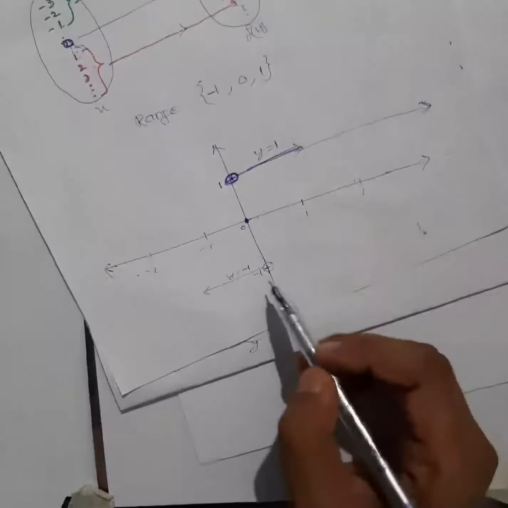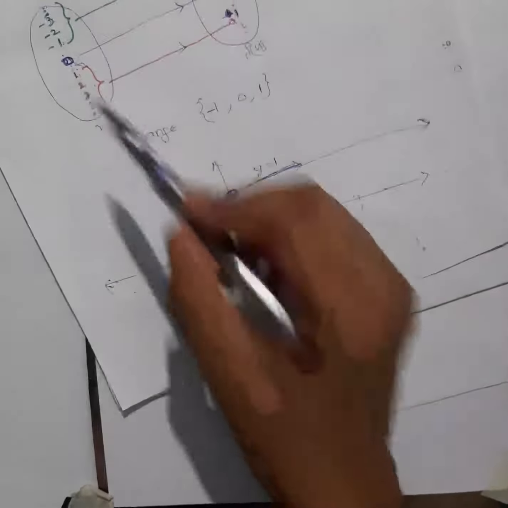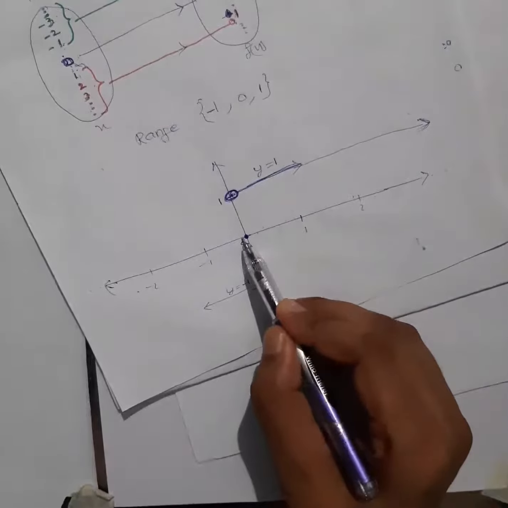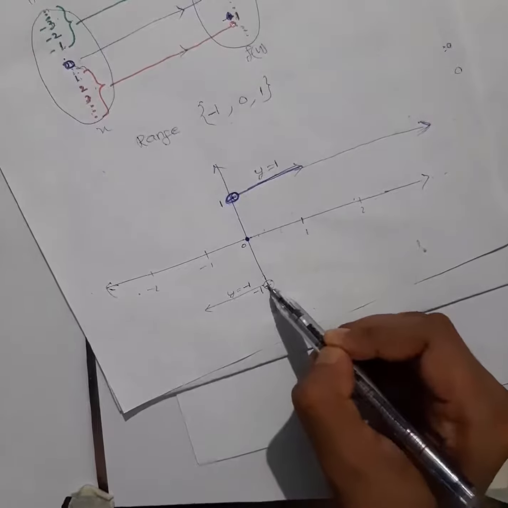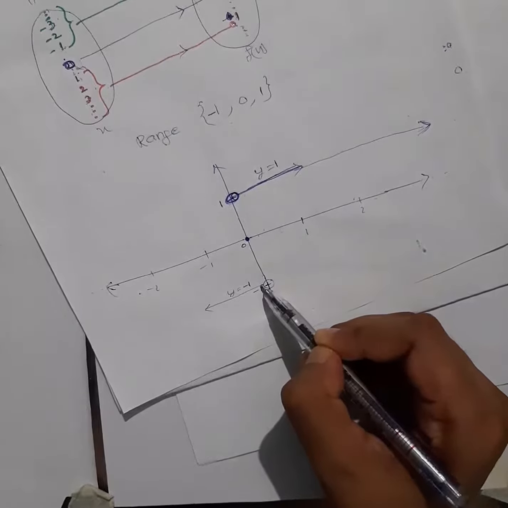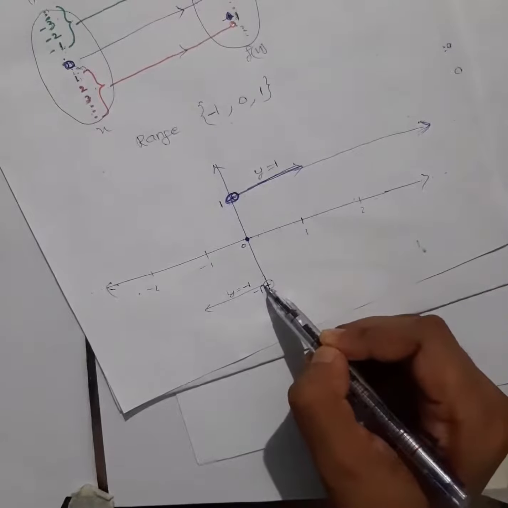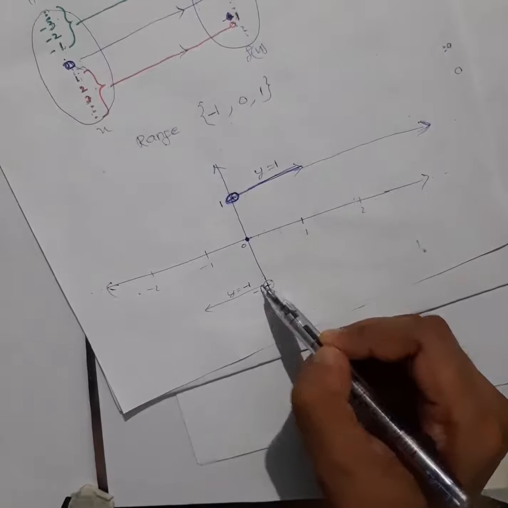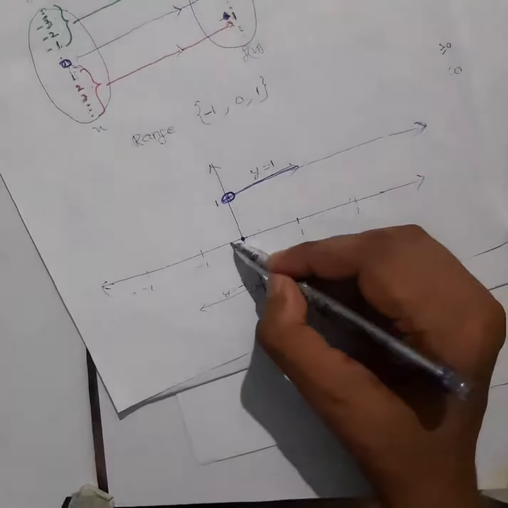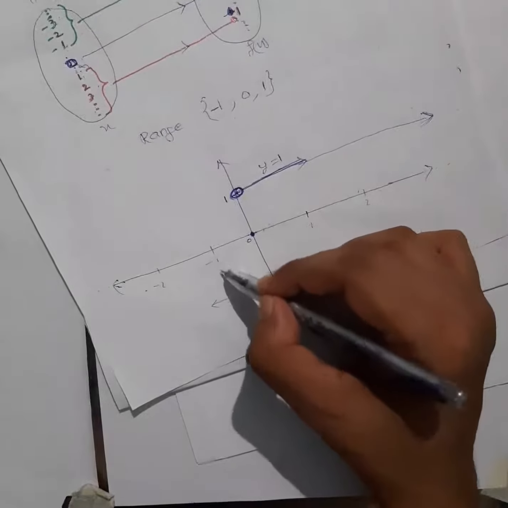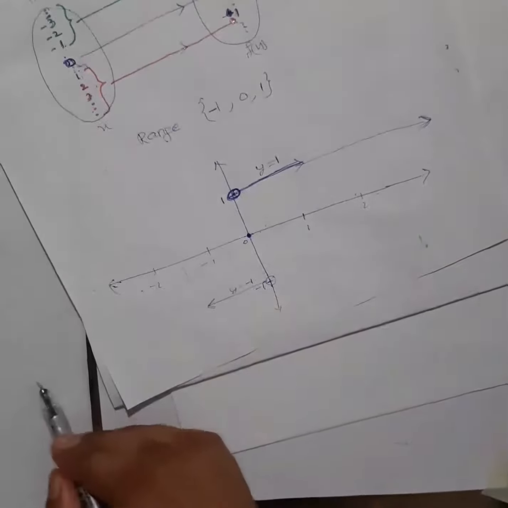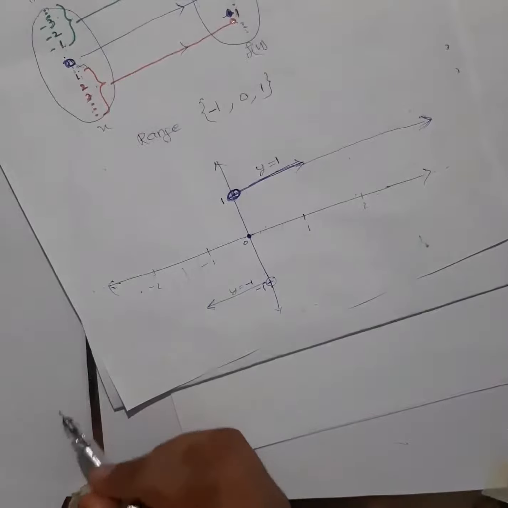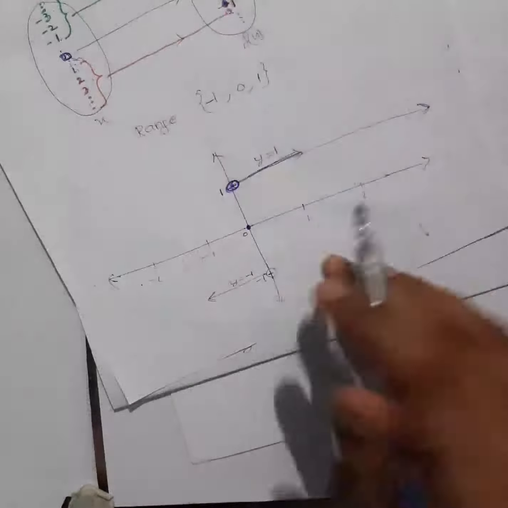Next, when you take x less than 0, meaning here, then your y will be -1. So this point will not come here, it will start right after this, whatever points are there. Whatever negative value you take, you can see y is always -1. I have put an arrow sign, means it will go on, never ending. Clear? So this is the graph of this function.